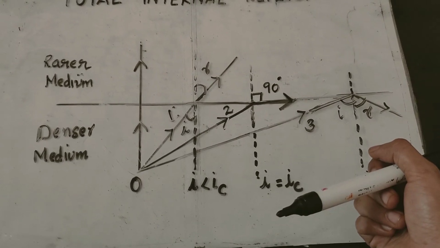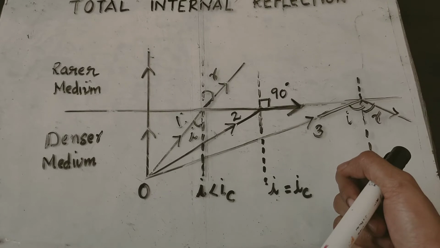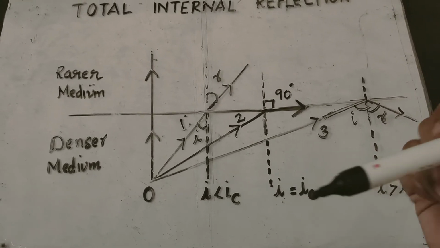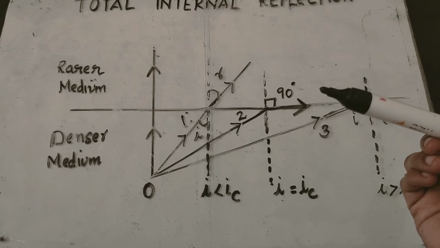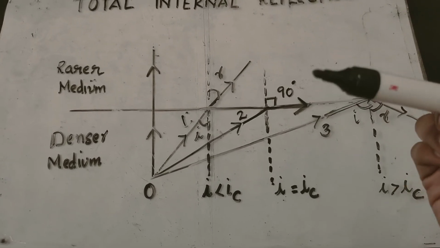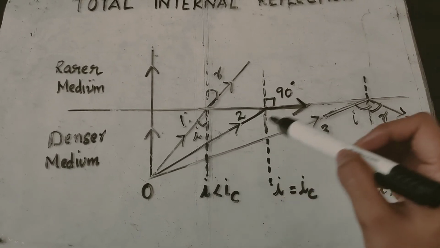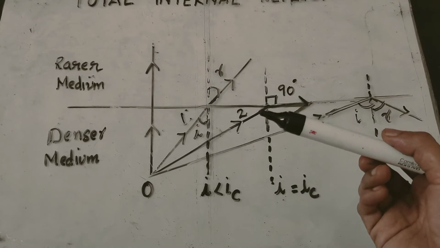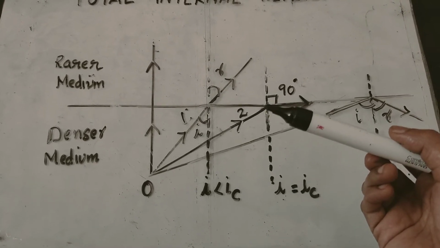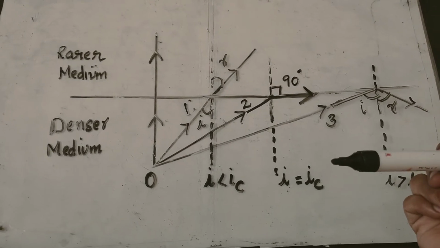Then, what is total internal reflection? We can see that under certain conditions, the whole of the incident light, the entire incident light, will be reflected back into the denser medium.